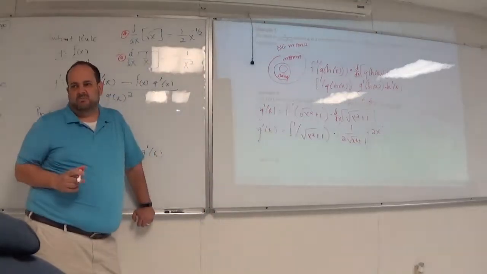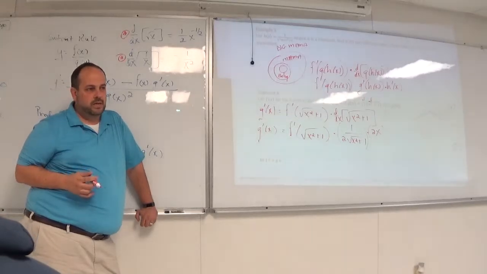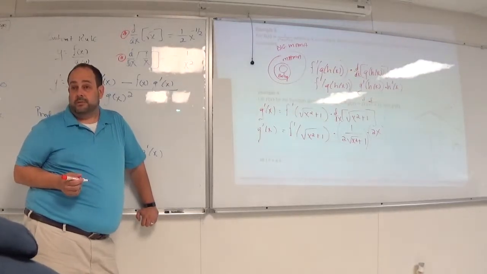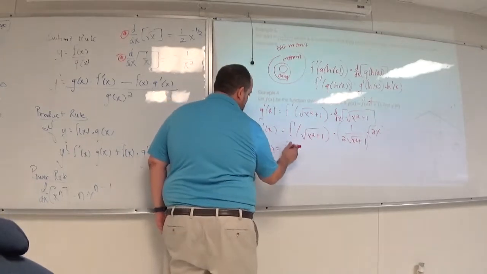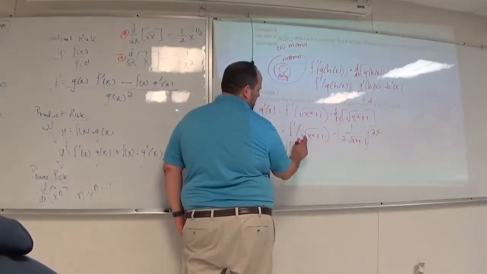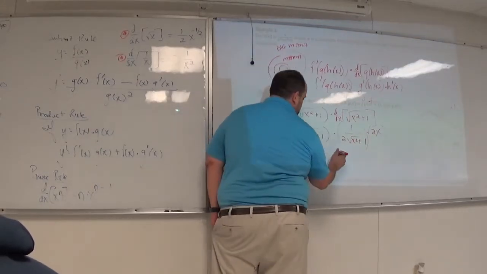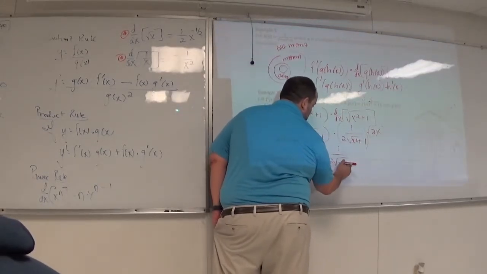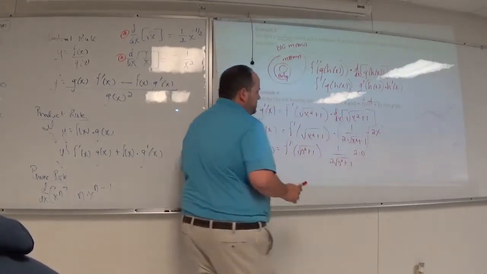Don't fall for it, though. Don't fall for it. You guys are too smart for this. Now you got to plug in 0. So, okay. G prime of 0 is f prime of the square root of 0 squared plus 1 times 1 over 2 square roots of 0 squared plus 1 times 2 times 0.